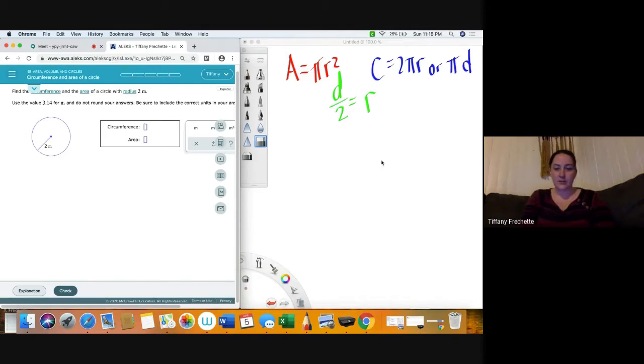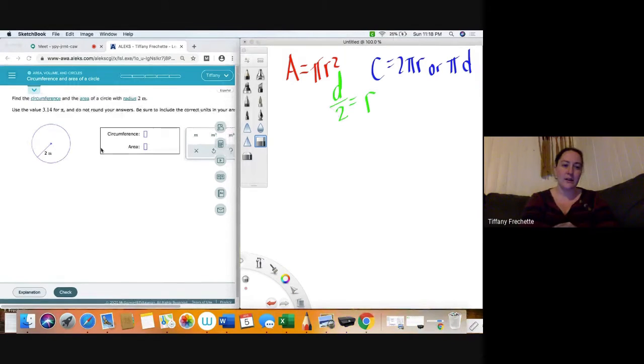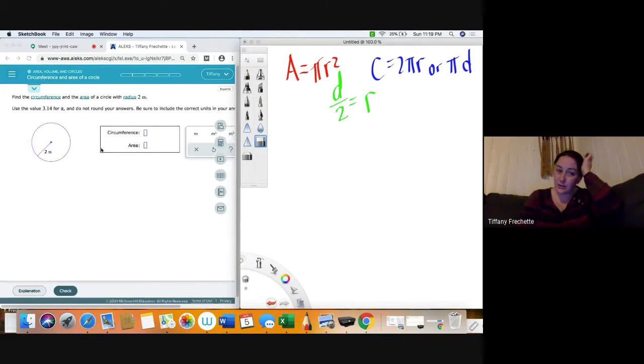All right, so circumference is the first one they do. We want to find the circumference and area of a circle with a radius of 2. So they do start with radius. Whoops. I want to erase everything. So C equals 2 times pi times r. I'm using this one because they gave me r.